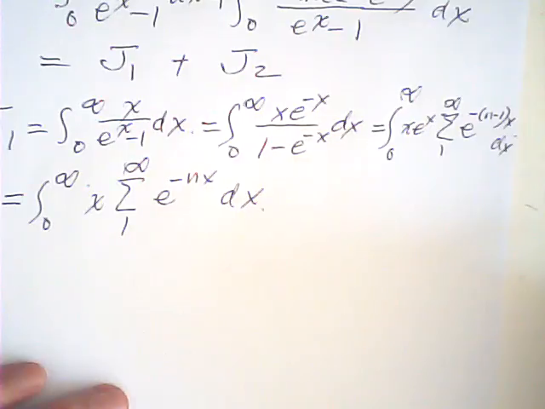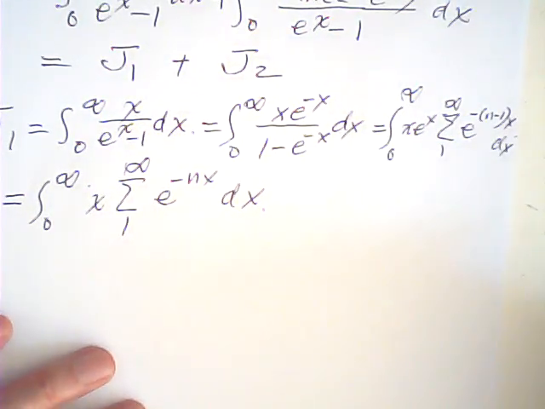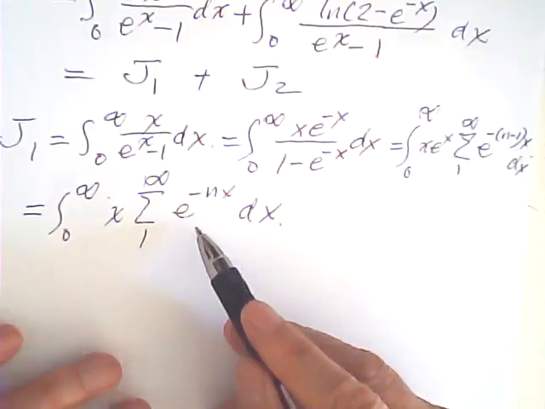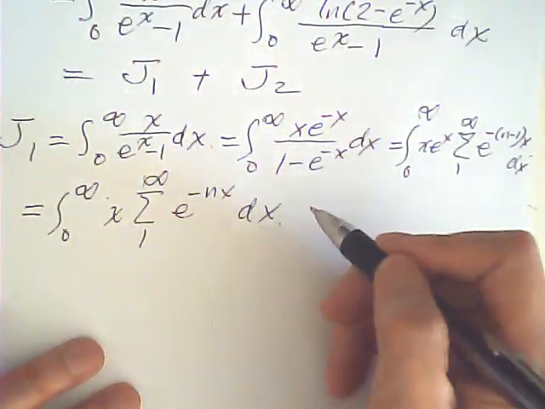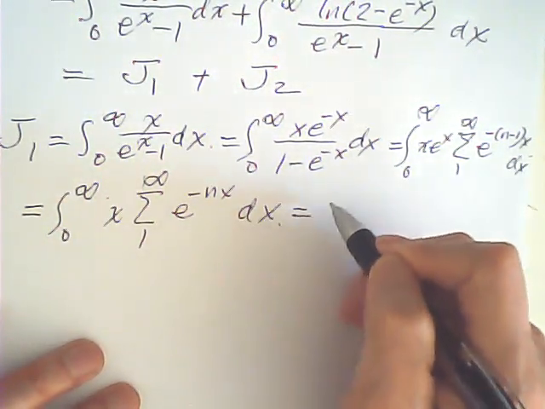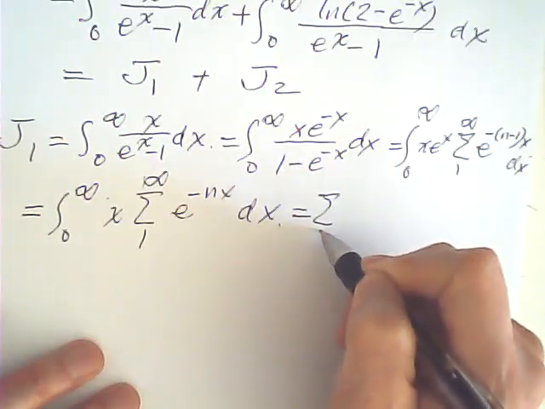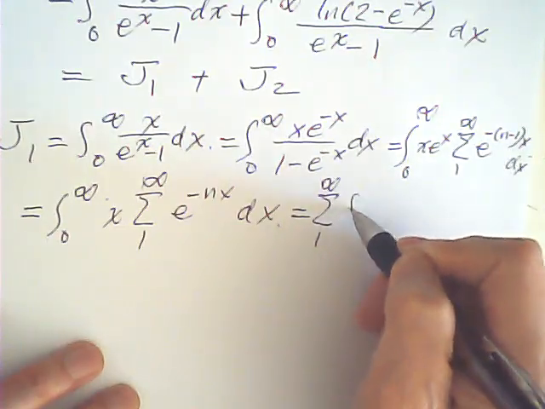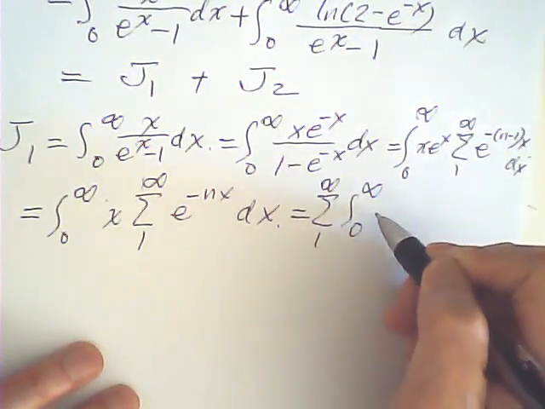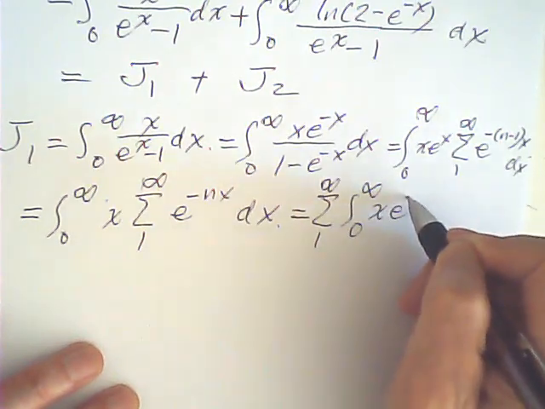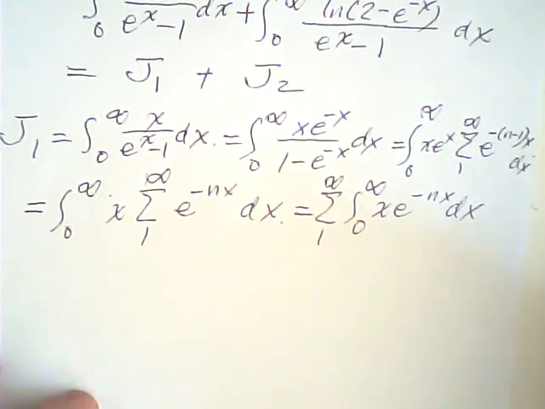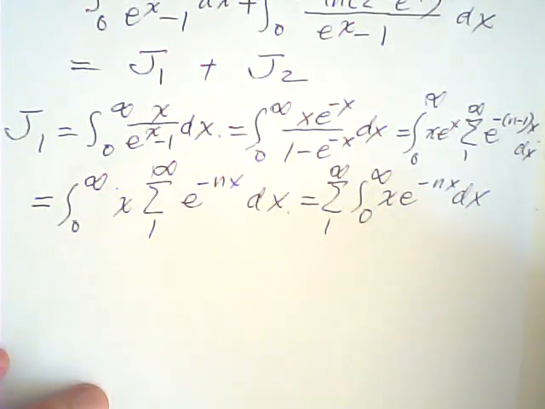Very good. Since this is convergent, we can exchange the operators. So this becomes the sum of the integral of x e to the negative n x.